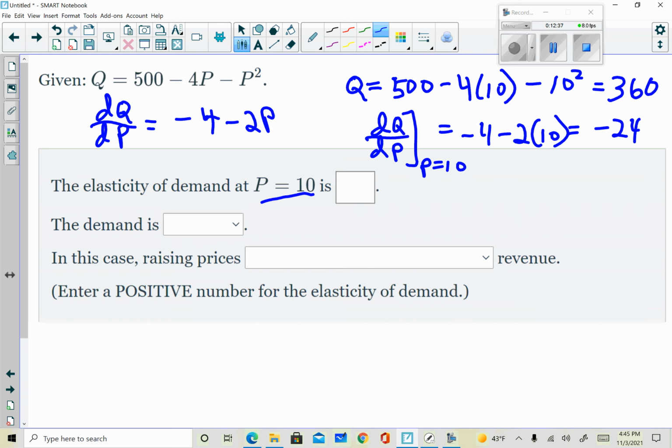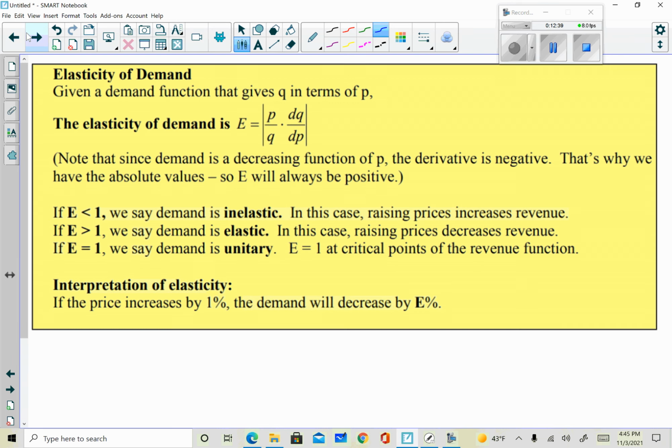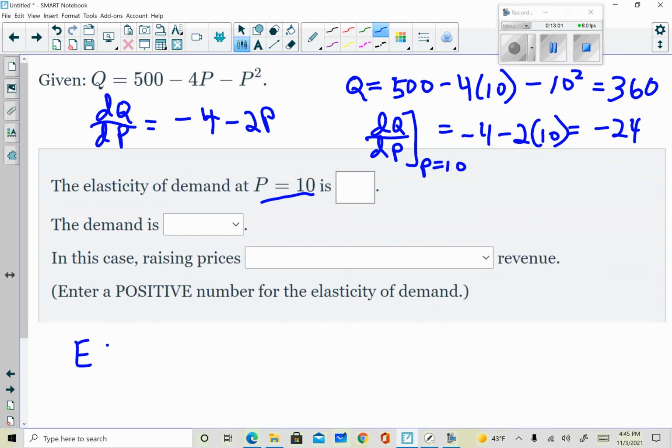To find the elasticity of demand, we use this formula from your notes: P over Q times the derivative of Q with respect to P. And elasticity will always be positive, so it's the absolute value of P over Q times the derivative of Q with respect to P. P is given, it's 10.